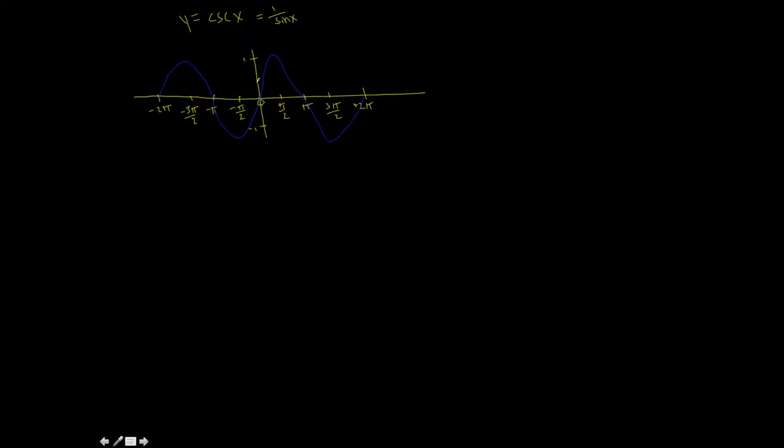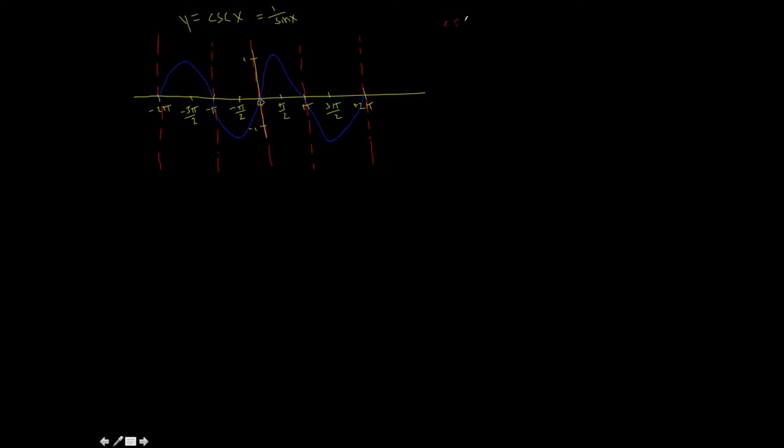So there's going to be a vertical asymptote here, here, and here, all the way across. Simply because they were x-intercepts in sine, because cosecant's a reciprocal, it makes them vertical asymptotes now. They go from x-intercepts to vertical asymptotes.